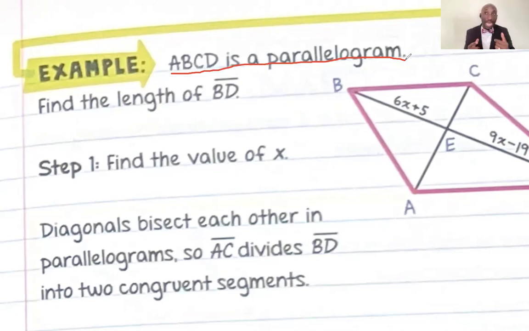The opposite sides are congruent, right? All the properties of parallelograms come to my mind because the problem told me I'm dealing with a parallelogram. Find the length of BD. Now we're going to go through this on our own and then do it.